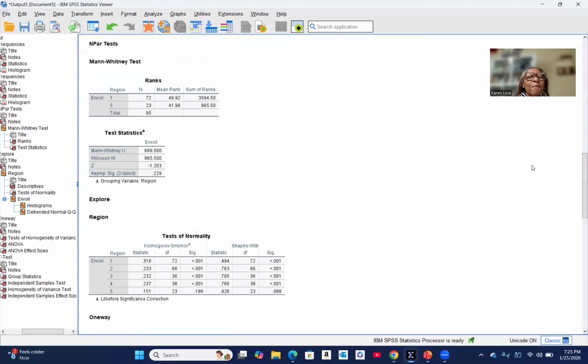When we look at the significance, it is 0.229. This number is greater than 0.05, which denotes that there is no statistically significant difference in enrollment between Regions 1 and 5.